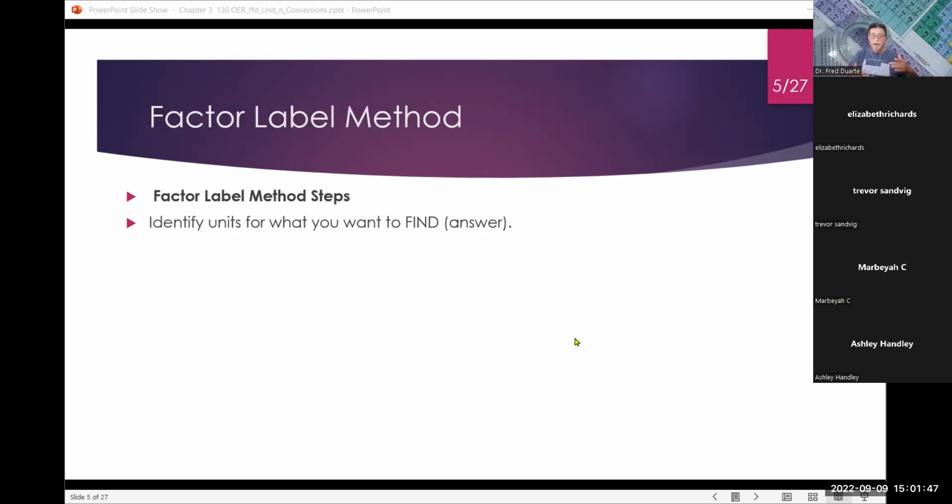All right, so we utilize what is called the factor label method or dimensional analysis. Call it whatever you want to call it. Keeping track of your units. So what we do is we look at the question and identify the units that you are looking for, what you're trying to find. I'm not concerned about the value at this time because we're going to plug those numbers in the calculator and get your value. So we're just focusing on the units. Okay. We identify from the question what you are given. And most of the time you're given not only value, but units.